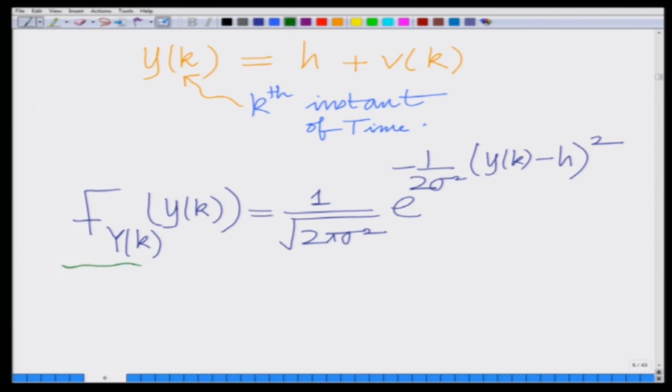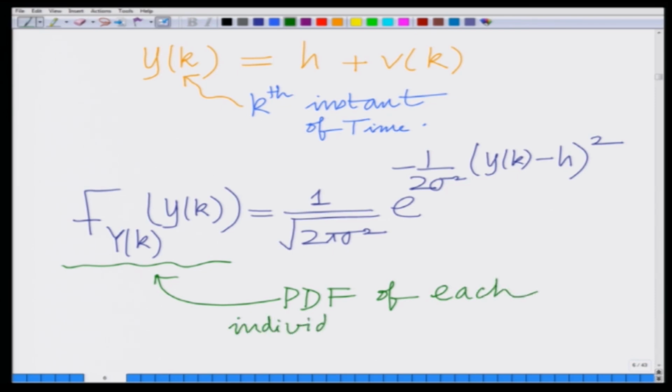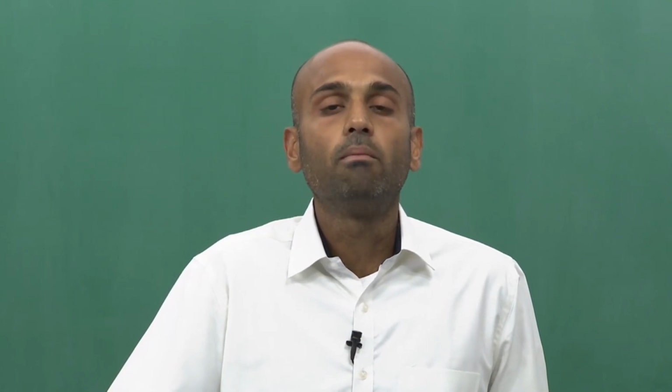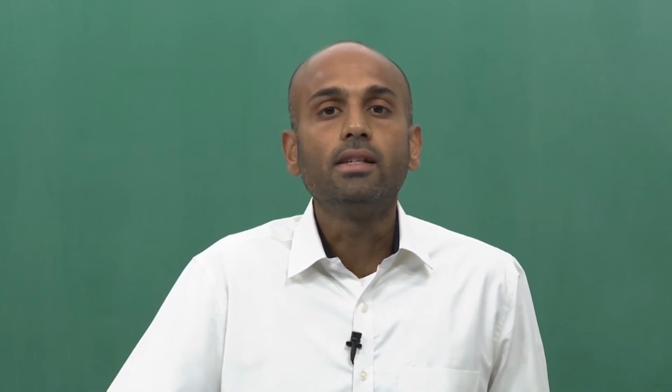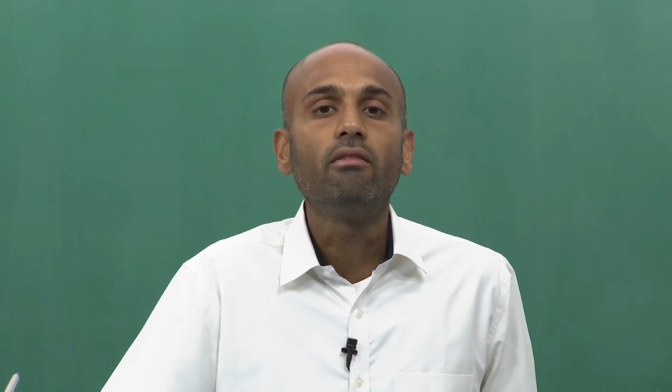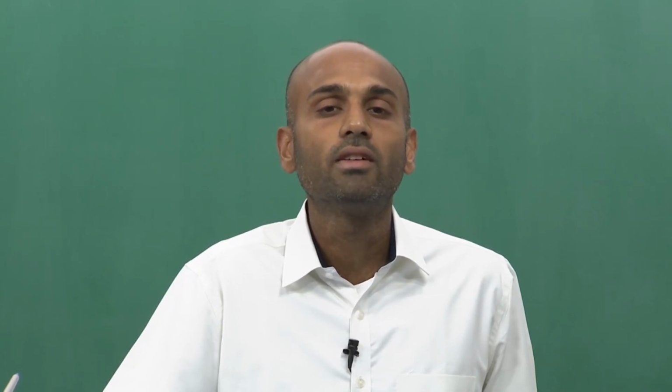This is the PDF of each individual observation yk. We are saying that each individual observation made by the sensor at time instant k has a Gaussian probability density function with mean given by the unknown parameter h and variance given by the variance of the noise Vk, which is sigma square.